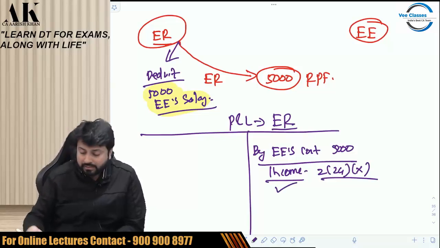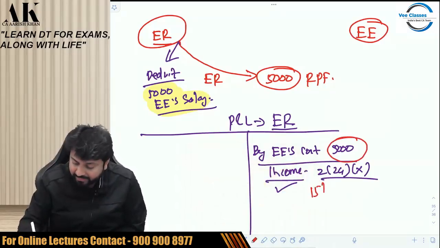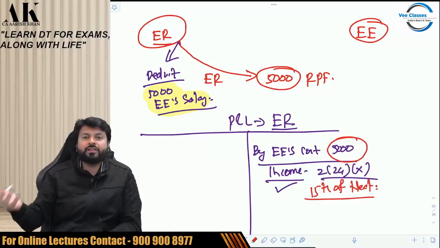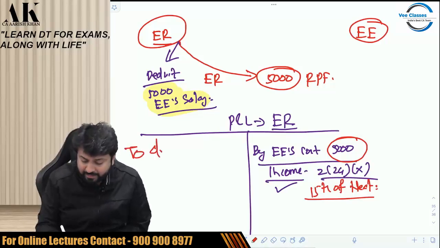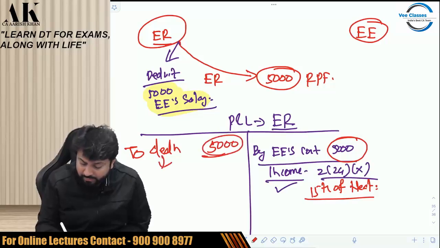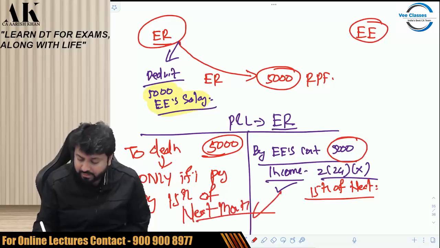Now I am supposed to pay this particular contribution to the government by 15th of next month. If this is of April, then I am supposed to pay by 15th of May. If I pay by 15th of May, then I will get the deduction of this 5,000 rupees. I will get deduction only if I pay by 15th of next month. Otherwise, it is not allowed as deduction.